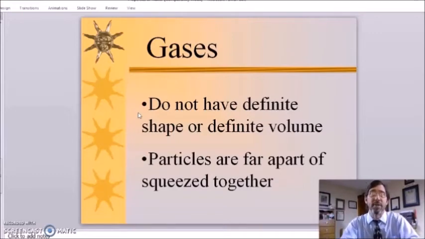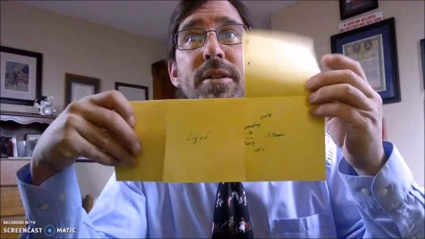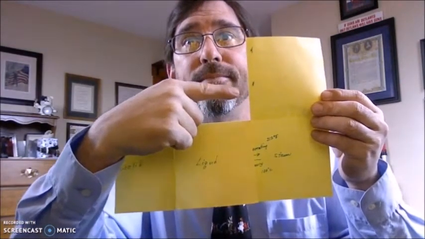The particles of gases are far apart from each other. They're not squeezed together. In your foldable, you're going to want to add that information to this last flap right at the top. Don't forget.